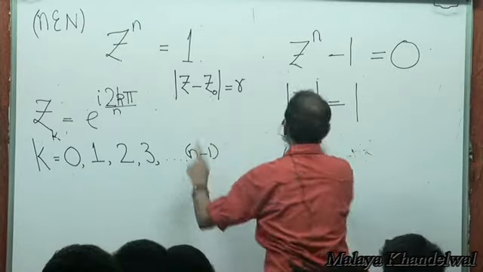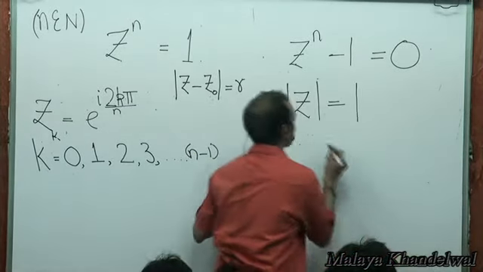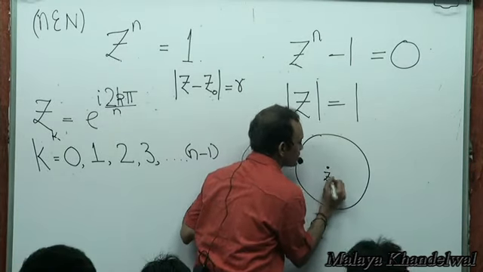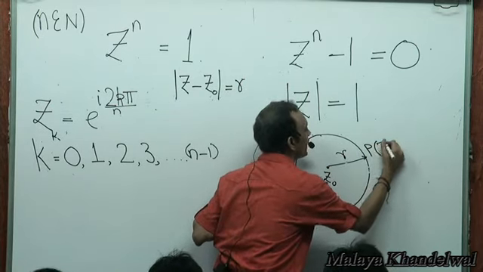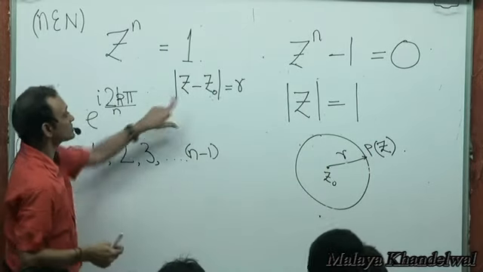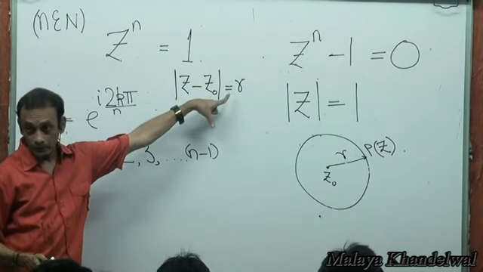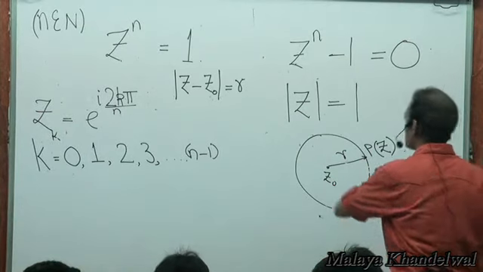So mod z minus z naught equal to r represents a circle whose center has position vector z naught, whose radius is r. Then z could be any point on this circle. Right?